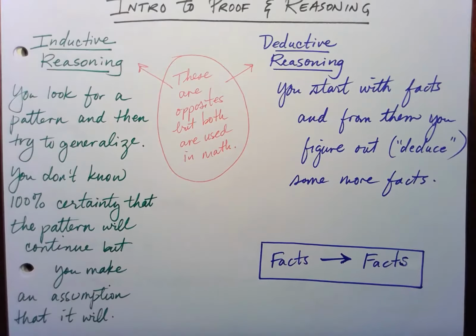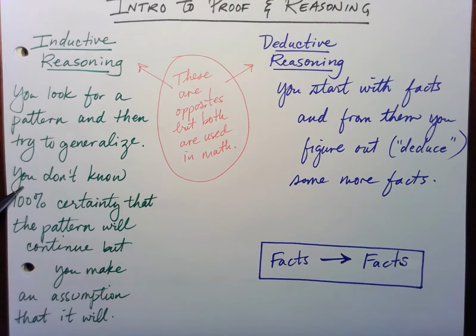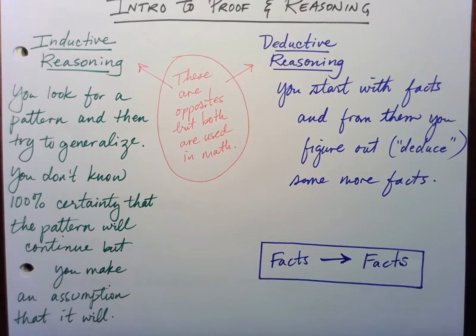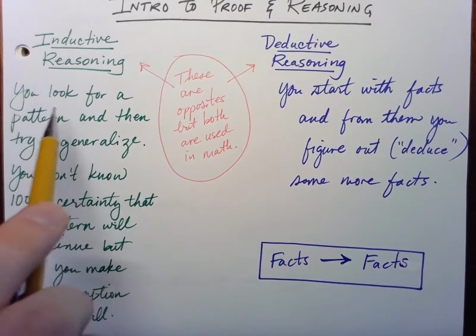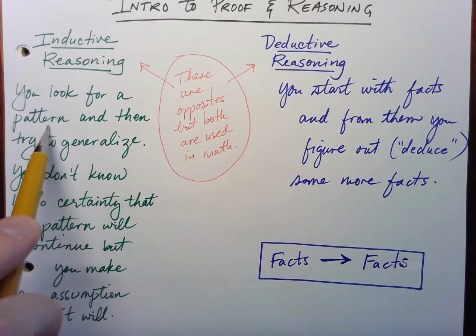Inductive reasoning means that you look for a pattern and then try to generalize. You don't know with 100% certainty that the pattern will continue, but you make an assumption that it will. So you're looking at information that you have, whether it be data or given information, and you're looking for patterns.